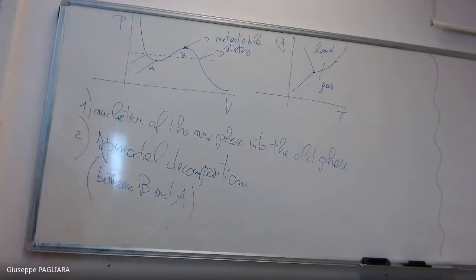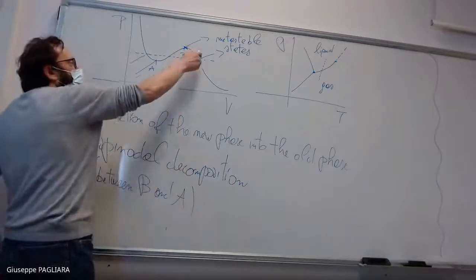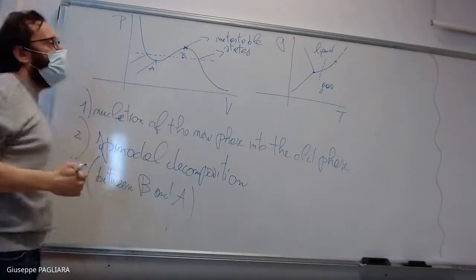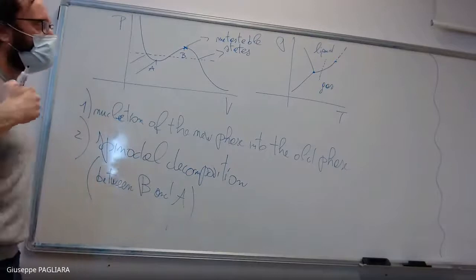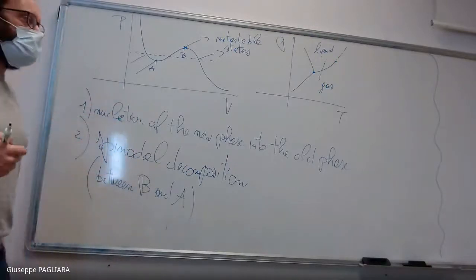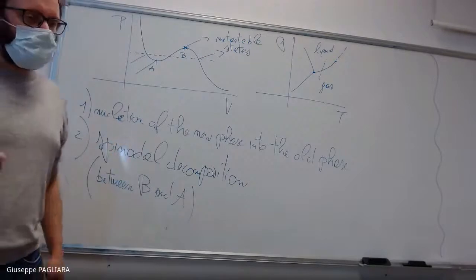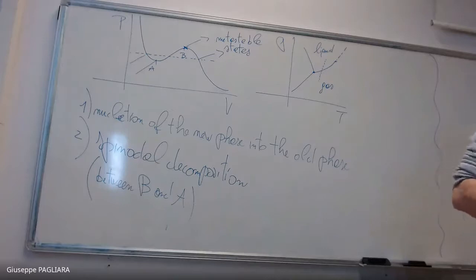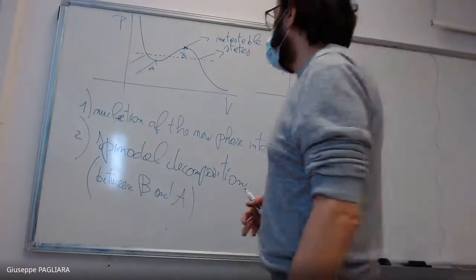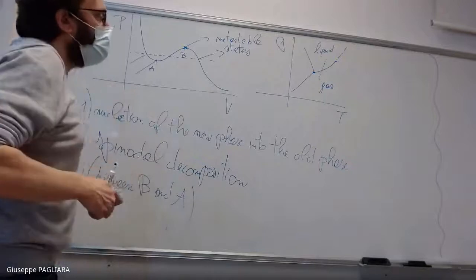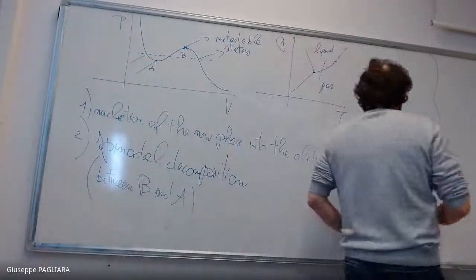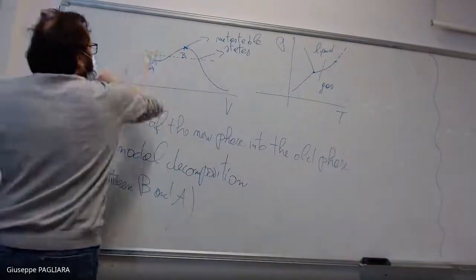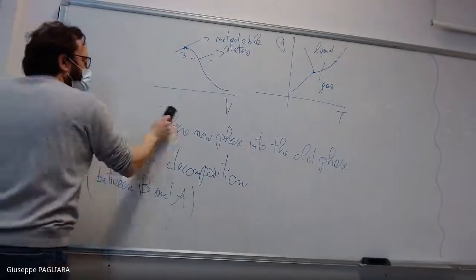They are processes which are non-equilibrium processes that occur when you have a first order phase transition before you reach thermodynamical equilibrium. So this is to say that this van der Waals gas contains really a lot of physics, and you also have the possibility to describe in principle non-equilibrium processes like those ones. And I think for this part it is enough.